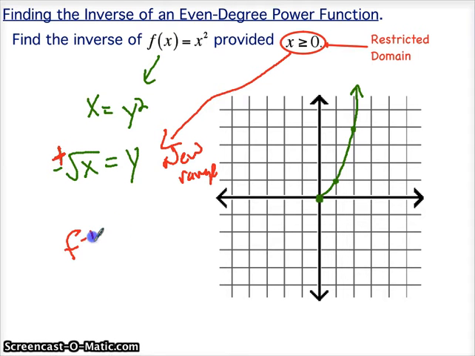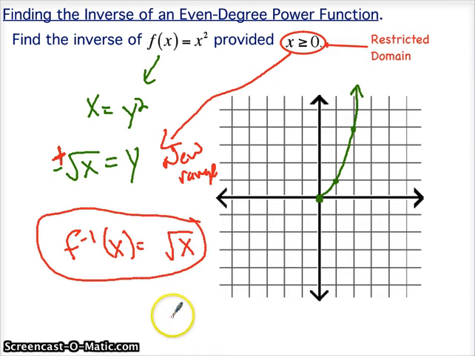So f inverse of x would be the square root of x, but only the positive portion, thus creating an inverse function. If you graph that new function, graph the square root of x on your calculator, you would quickly find out, again, just switching x and y, it's going to go out this way, and that passes a vertical line test.